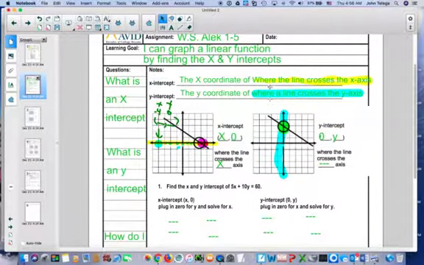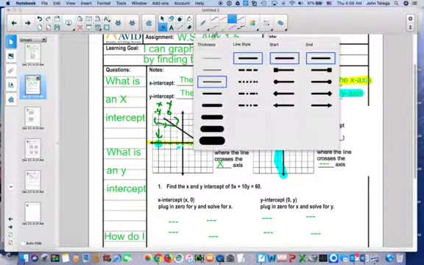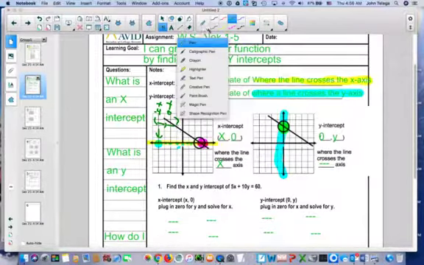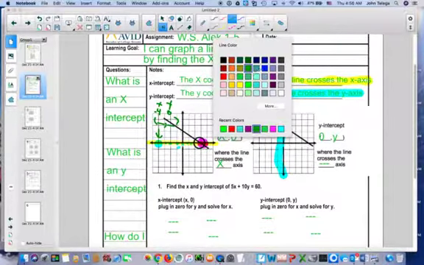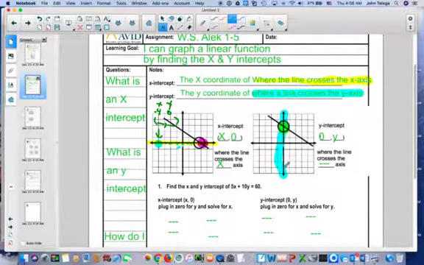What that means is all of the points along this line here, like this one and this one, are going to have a 0 in the x-coordinate.